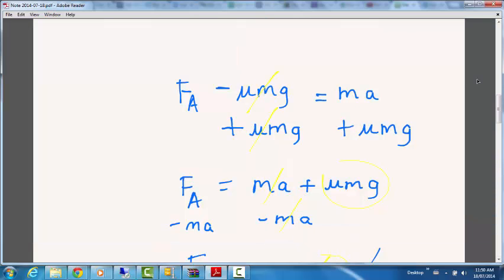Whatever you do on the left side, you must do on the right side, so we'll add it to the right. Okay, it'll then cancel out on the left, leaving us with just that.